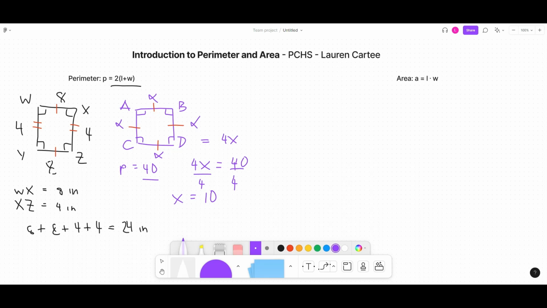But aside from perimeter, we go back to the basics of solving area, which again is basically just the measure of space within a shape or object. The formula for area is A equals the length times the width.